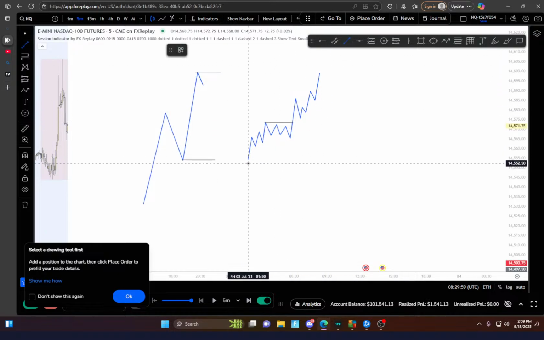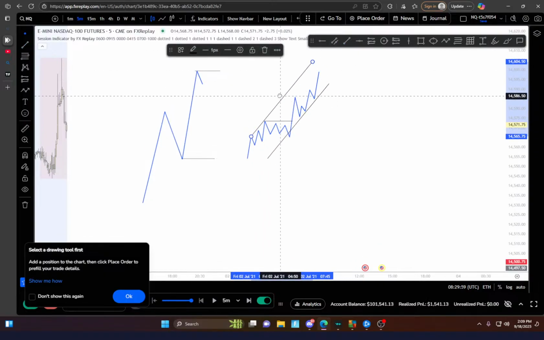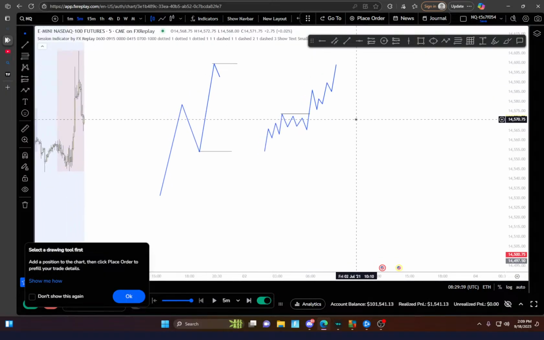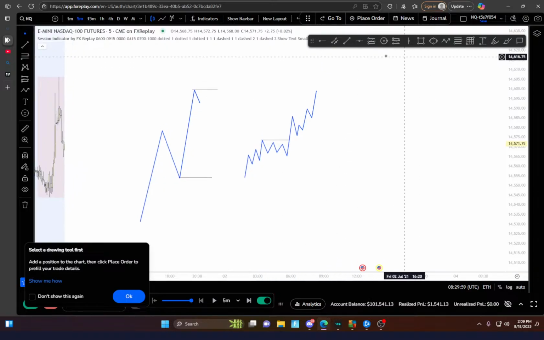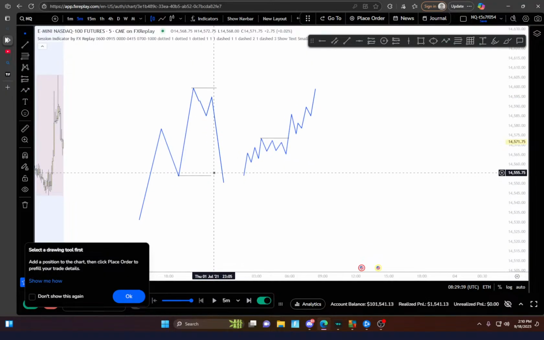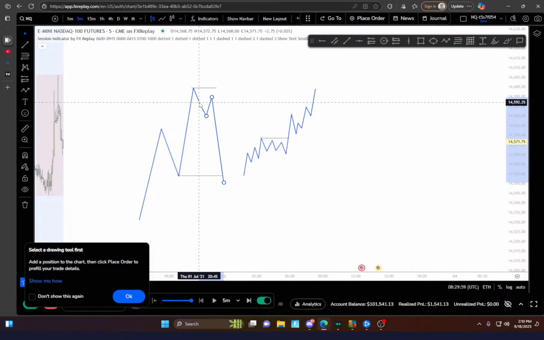Why is this an inducement? Because on a lower time frame, this is obviously an uptrend. People are buying, and that means there's a lot of liquidity within this leg. Now, if we come down and sweep out this leg, that becomes a medium inducement, which is simply a stronger inducement.